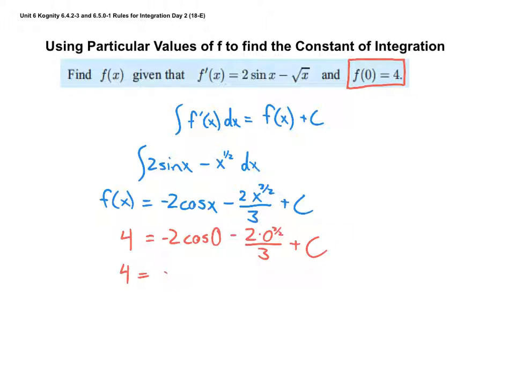Okay, so negative 2 times 1 is negative 2. Minus 0. Minus 0, that whole thing there, 2/3 of 0 to the 3/2 power is 0. Plus c, which equals 4, so c has to equal 6. Okay? C has to equal 6.